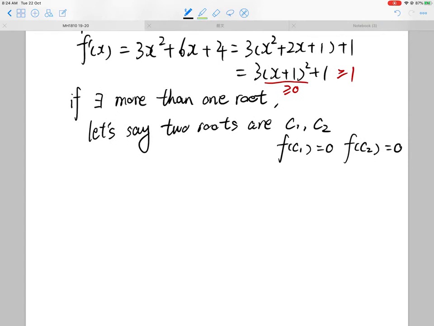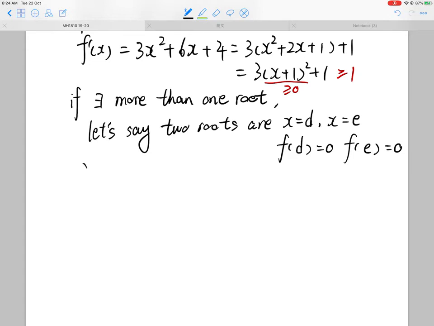Okay, let's use another name for them. Let's call them d and e. Let's call these two roots x equals d, x equals e. So f(d) is 0, f(e) is 0.